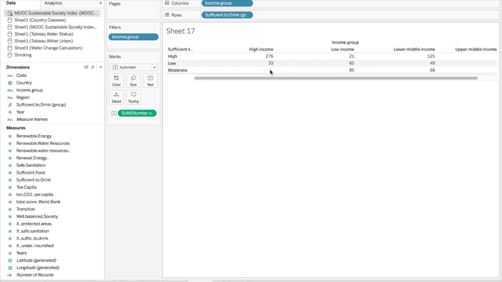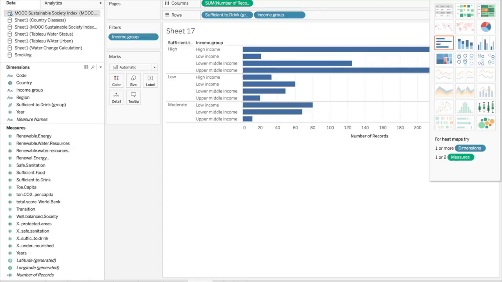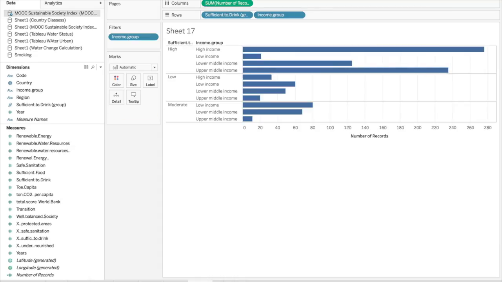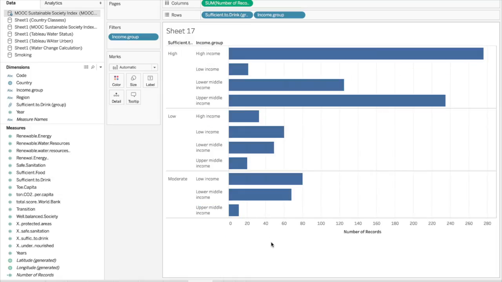So this is a table, which is probably not the easiest way for you to visualize your data. So up here under Show Me, we can immediately see these are our water groups and these are our income groups, and then these are our number of records. It's not that easy to read when the income groups and the water groups are not sorted in ways that are logical and make sense.